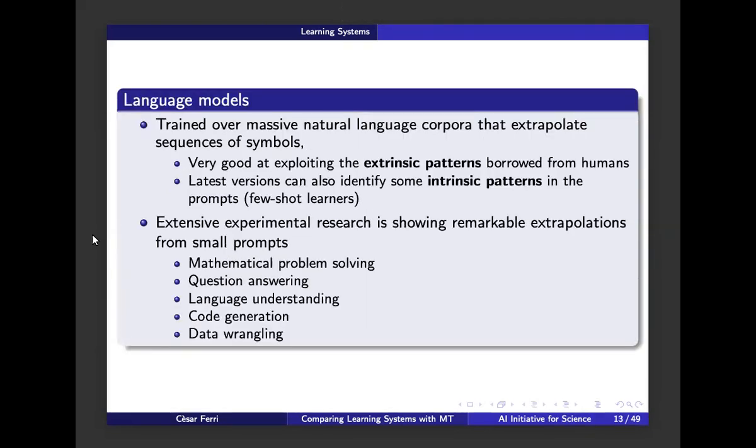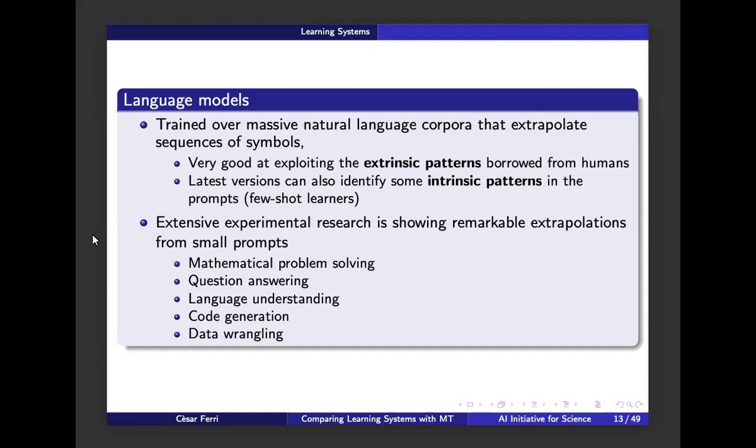And well, these language models have been quite surprising or attractive because they have shown the capacity of first exploiting existing patterns borrowed from humans. They have been trained on text generated by humans. This is what we see when we are using Google, that Google is able to complete quite correctly your text when you are writing a sentence.